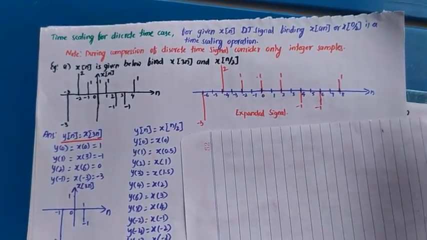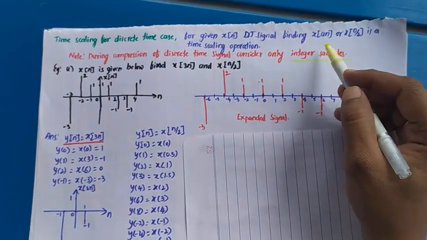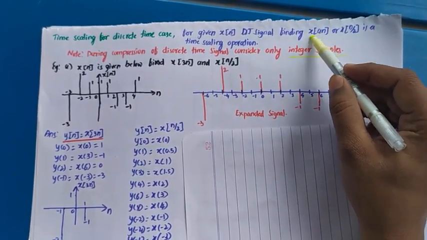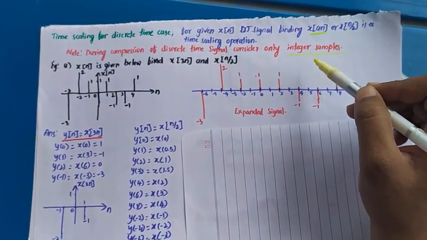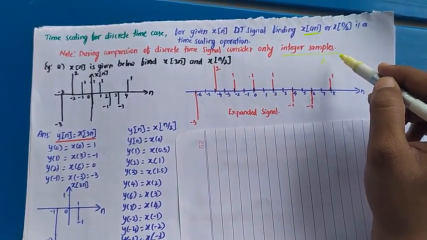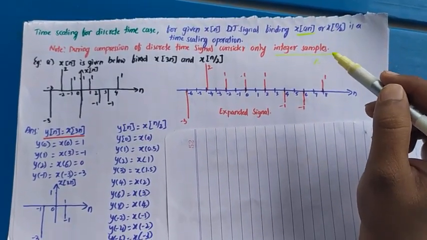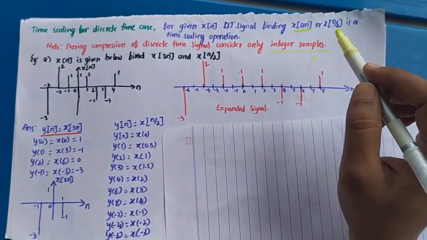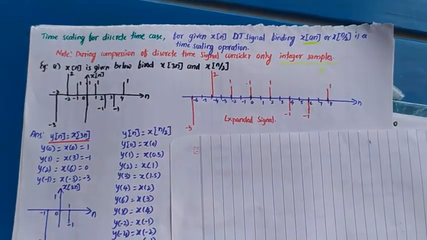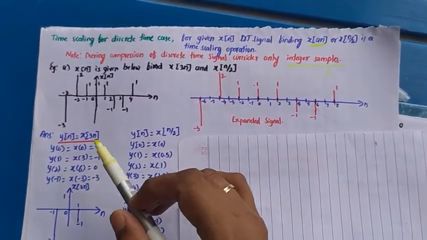Even though you are scaling down the signal, because you are compressing with respect to x of a n, if any n value comes out non-integer, like rational numbers, then those values we need to ignore. So it exists only for the integer valued samples.